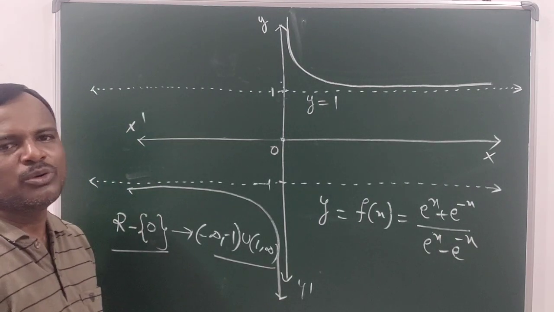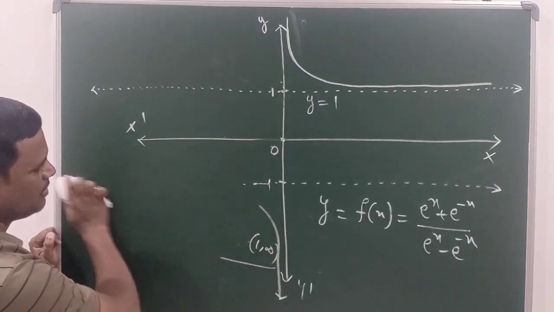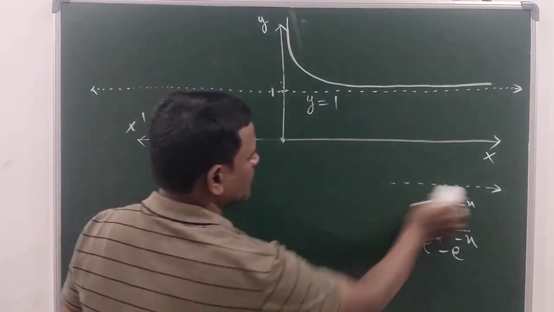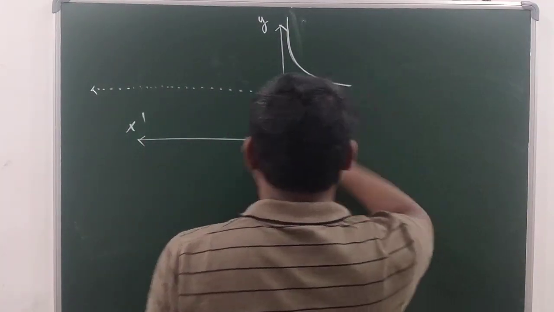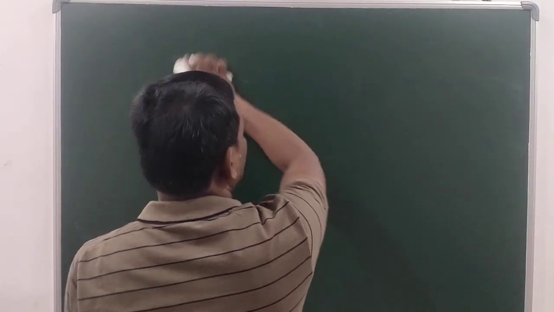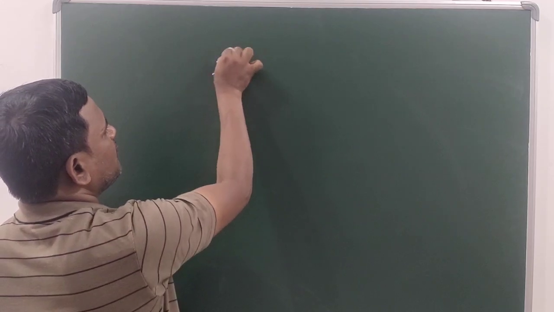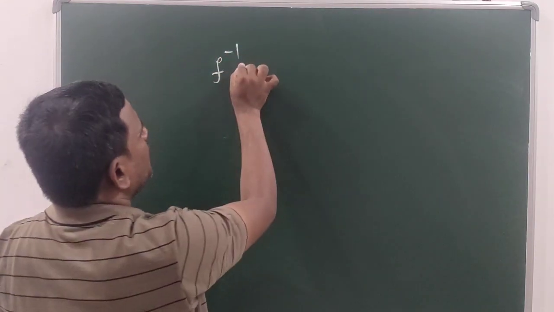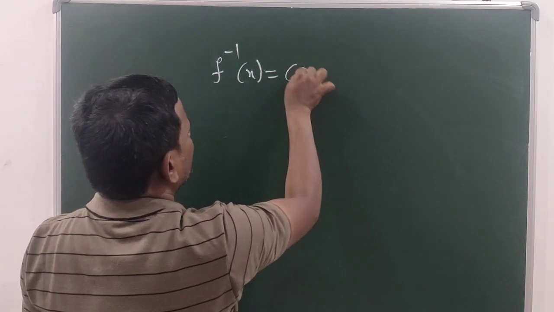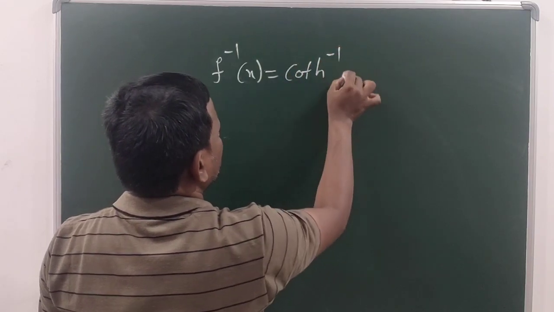Now let us go to whose inverse function. Now tell me, what is the domain of whose inverse? Tell me, f inverse of x, which is equal to cot h inverse of x.